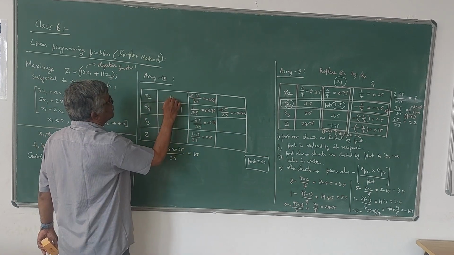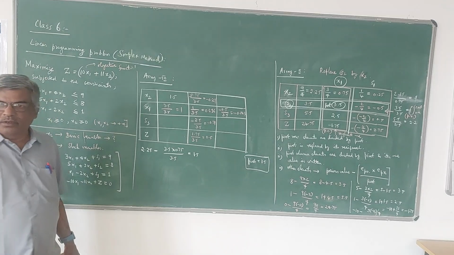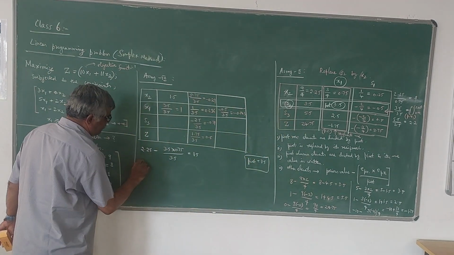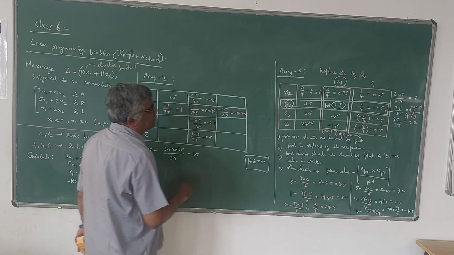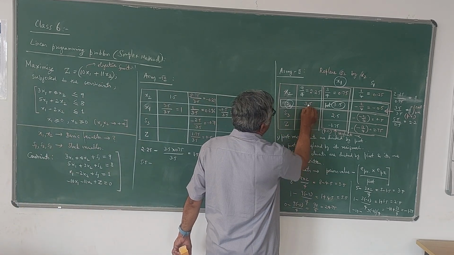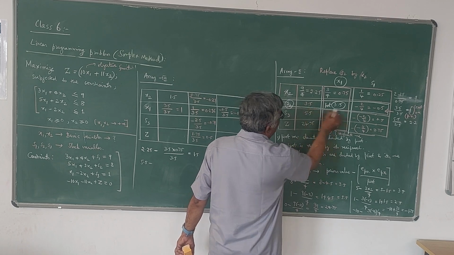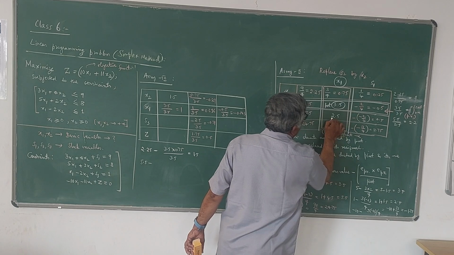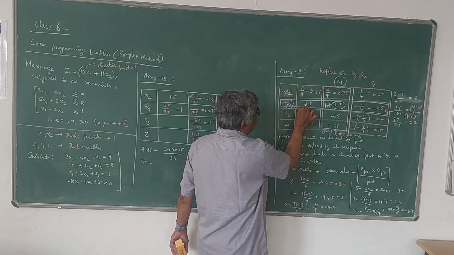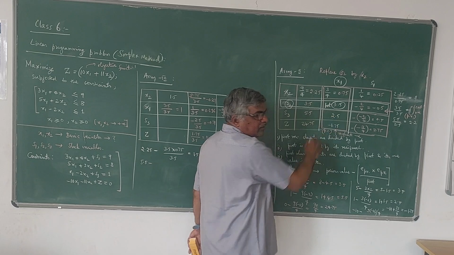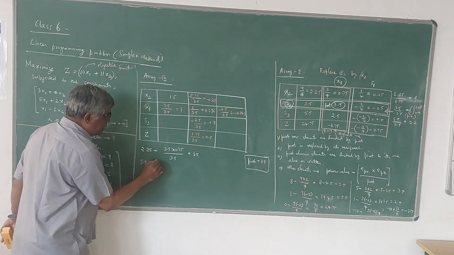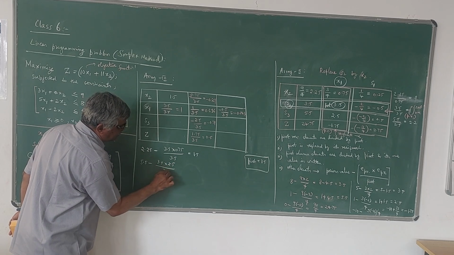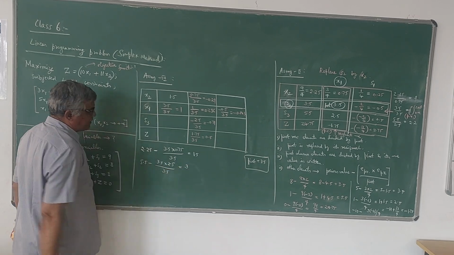So that 1.5 should be written here. Next, I will take up this 5.5. 5.5 minus the corresponding pivot row element is 3.5 and column element is 0.5. Correct? Not 0.5, 2.5. Correct? 3.5 and 2.5. So minus 3.5 into 2.5 divided by 3.5. I think it is 3.